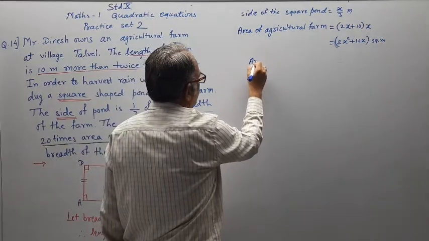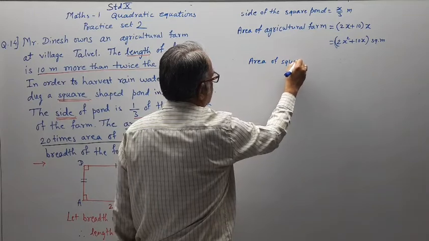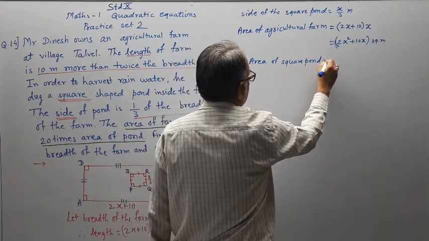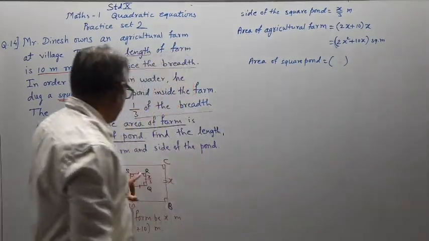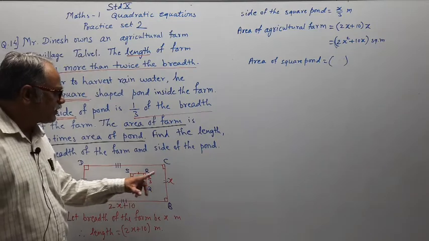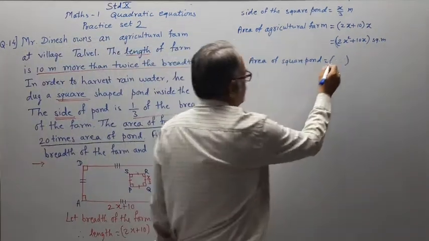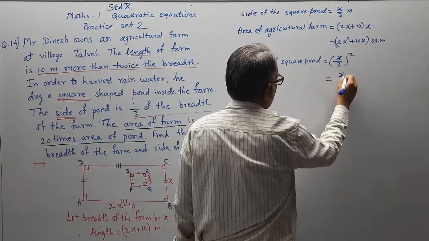Now the area of the pond, a square shaped pond. As it is a square, we use area of square as side square. What is the side of the square pond? X upon 3, 1/3 of the breadth, x upon 3 square. So it is x square upon 9.